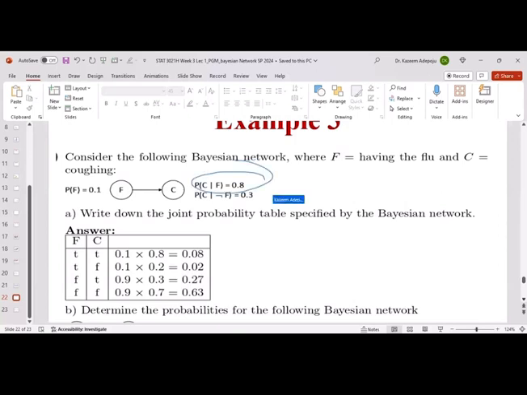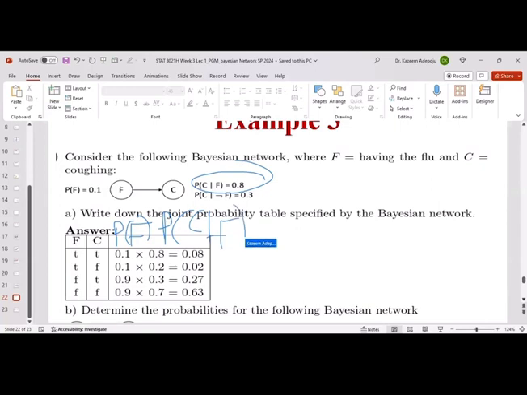True, true means somebody has a flu and is coughing. If I want to consider that, I'm going to take 0.1 from here. So what do you think I'm using here? P(F) multiplied by P(C given F).